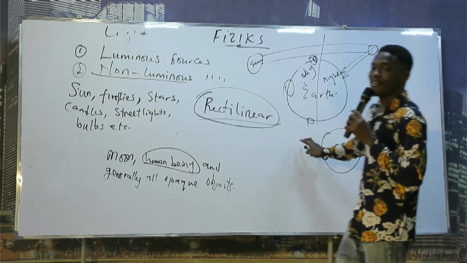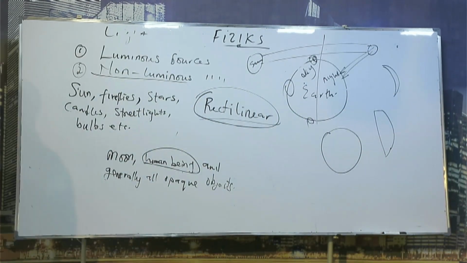Now, let's continue. What is the first one, class? Formation of shadows.